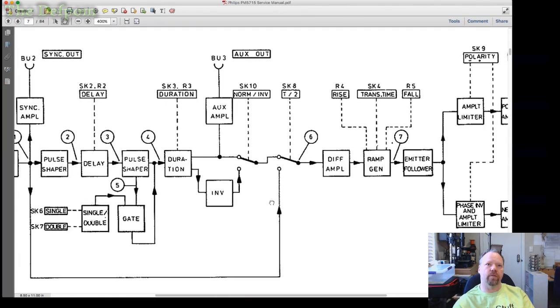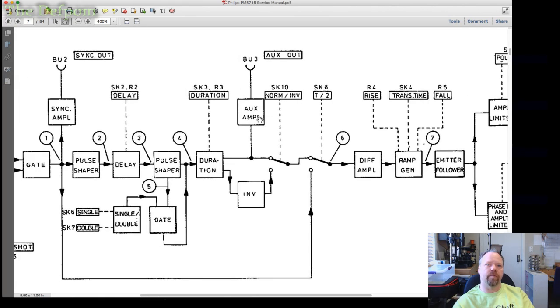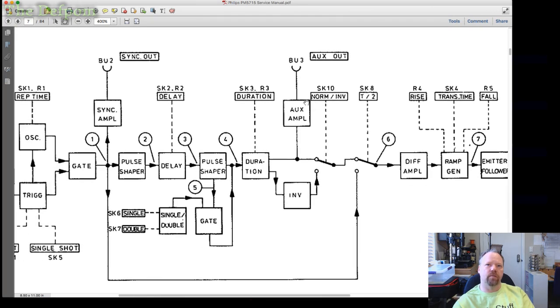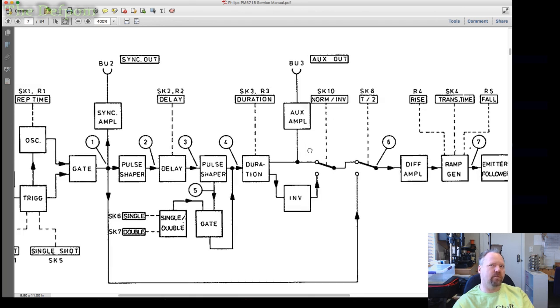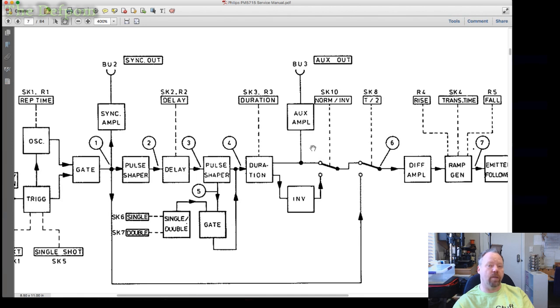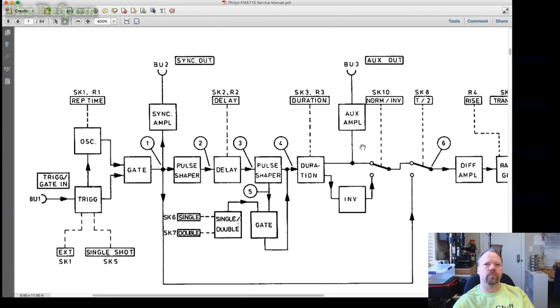Trying to identify which parts, auxiliary amplifier, aux out. I think I may have had something there. I'll have to hook it up again to have another look. But on this one, obviously, it's got the clock out, which doesn't feature in this particular model.